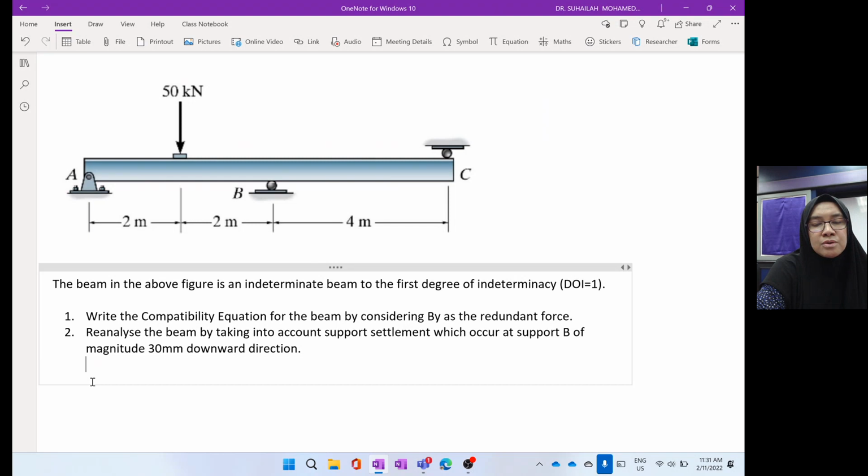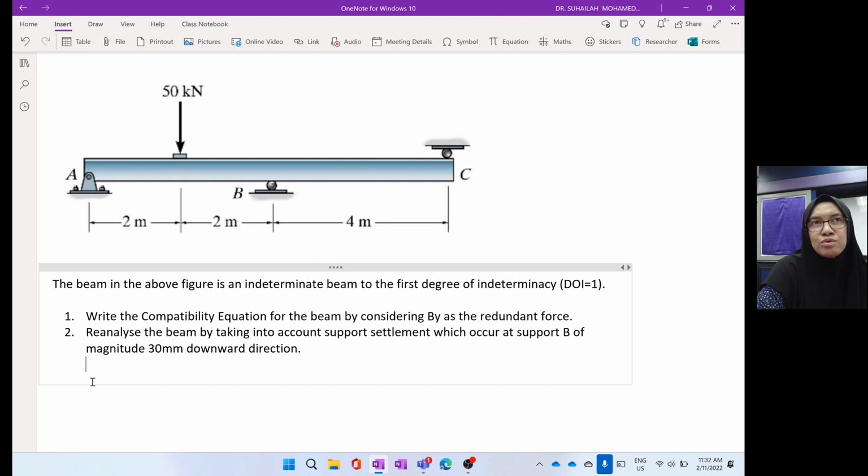For normal case, there is no deflection at support. Support settlement means delta B, which original is equal to 0, now we change to 30. Support settlement only affect actual system. Okay, please take note. Support settlement only affect actual system, not primary system, not redundant system.